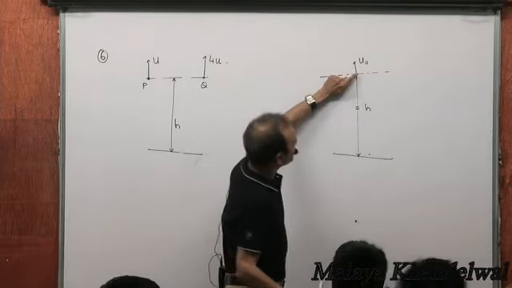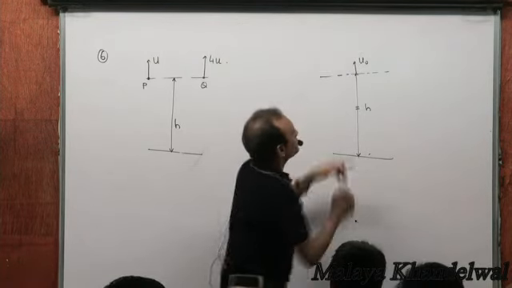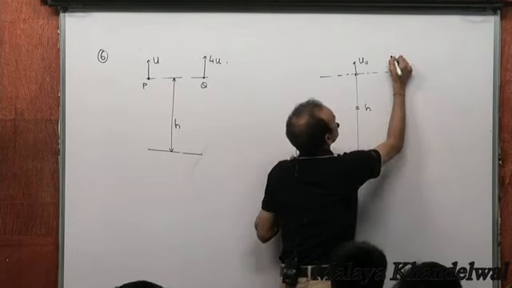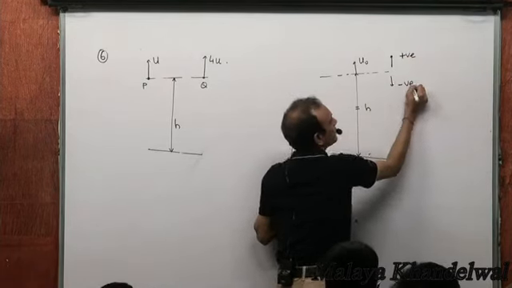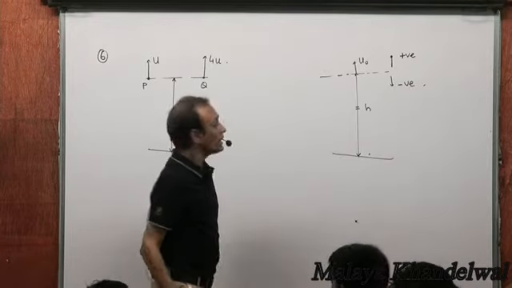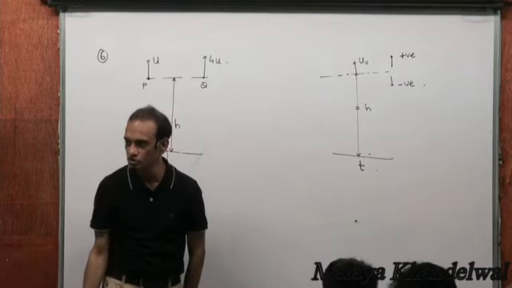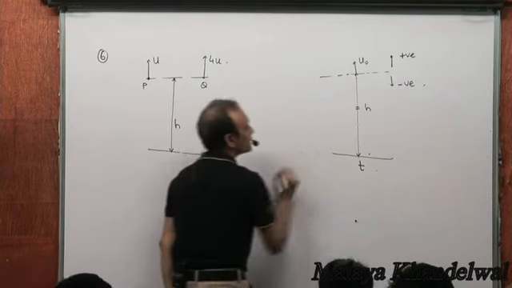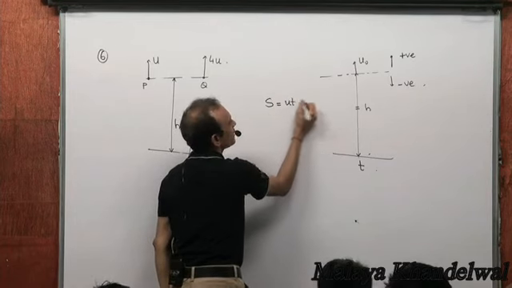If at a height h, I launch a particle with a velocity u naught upwards, right? Let me take upward positive and downward negative. Let's say it takes t seconds to reach the ground. Now, I'll apply displacement is ut plus half at squared.